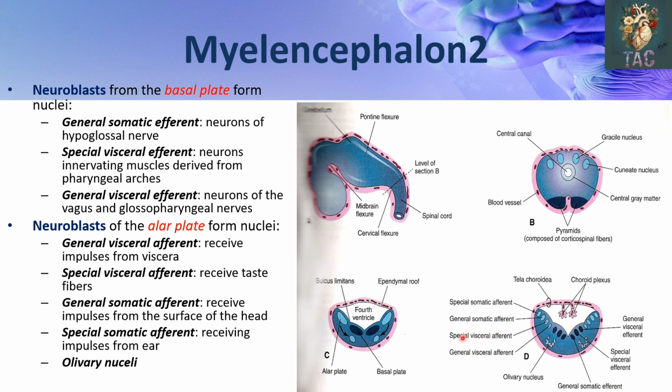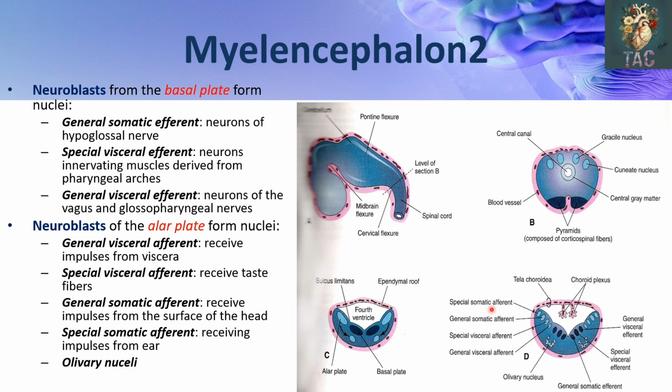After this we have the general somatic afferent, which receives impulses from the surface of the head, that is the general sensations of pain, touch and temperature, etc. And the last one is the special somatic afferent group, which is carrying impulses from the ear, and also the olivary nuclei are formed in this area from the alar plate.